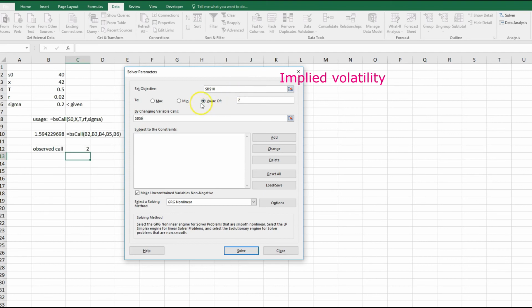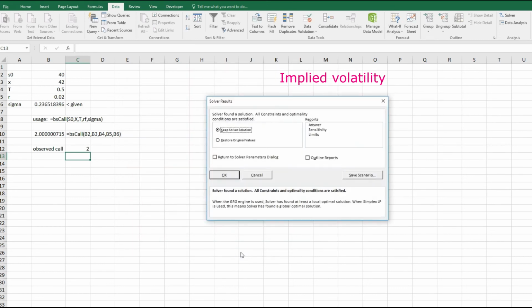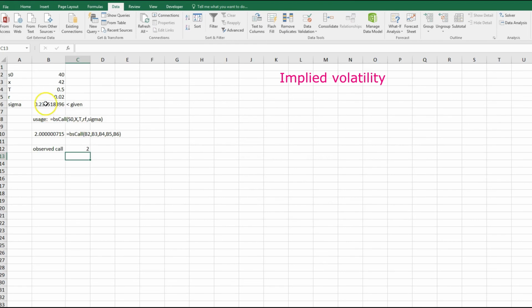We set this one to a value of $2, the observed $2, by changing our volatility. Then we click solve. Just click OK. You see this is higher than 20%, and the call value is almost exactly $2.